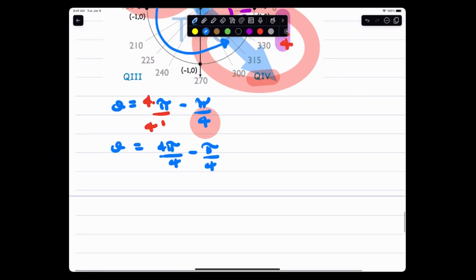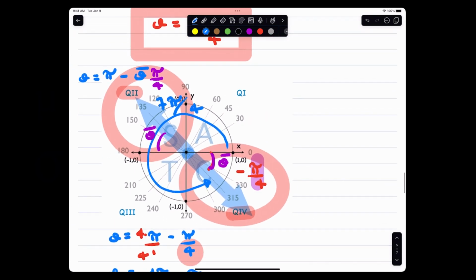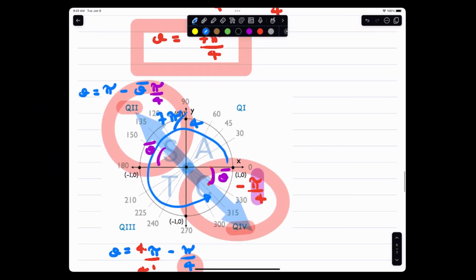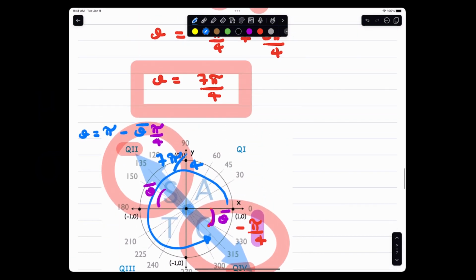Pi over 4. 3 pi over 4. So this here is going to be the what? The second solution? Is that right? Or the first? Doesn't matter which one you call them, second or first.